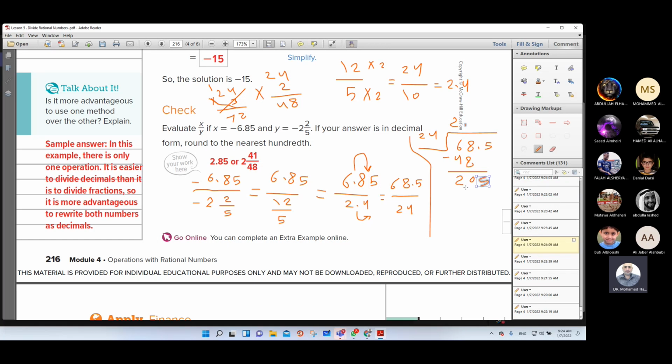Now try to find a number multiplied by 24 that gives 205 or nearest to 205. If you try 9, 9 times 4 is 36, 9 times 2 is 18, plus 3 is 21.